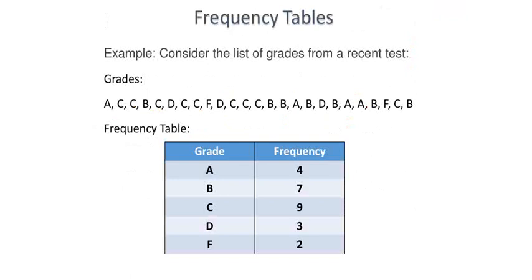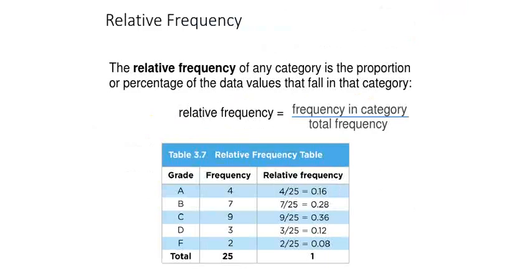All right, so let's consider this list of grades from a recent test. If we were to go through and make a quick frequency table, we see that there are 4 A's, 7 B's, 9 C's, 3 D's, and 2 F's. Well, a relative frequency is made by finding the proportion or the percentage of the data values that fall into that category.